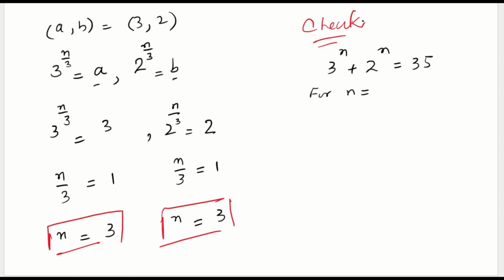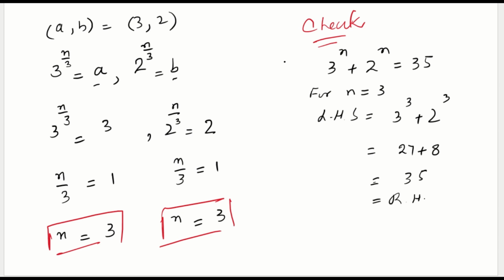For n is equal to 3, the left hand side is 3 to the power 3 plus 2 to the power 3, which is 27 plus 8, equal to 35, which is equal to the right hand side. So it is proved that the given value is correct. It has satisfied our given exponential equation. So n is equal to 3 is our required answer.